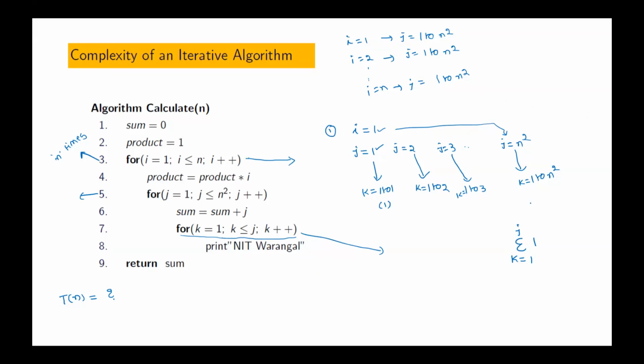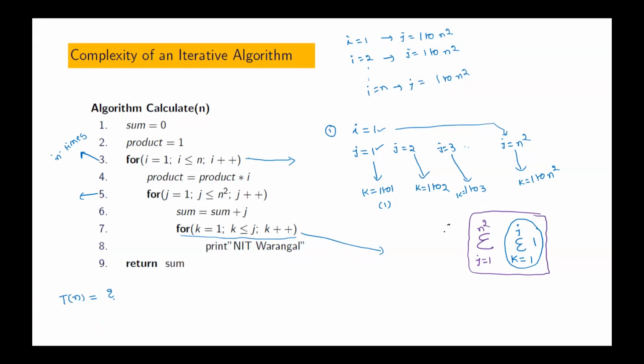But this entire operation is performed for each value of j from 1 to n square. And this entire thing is performed for each value of i.